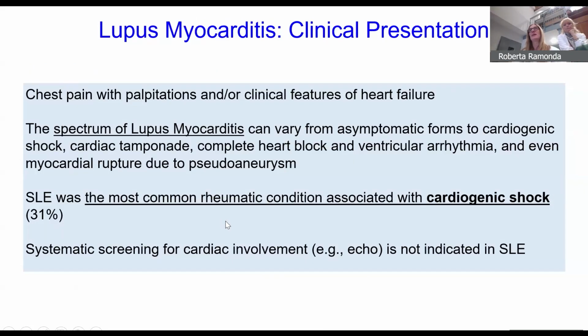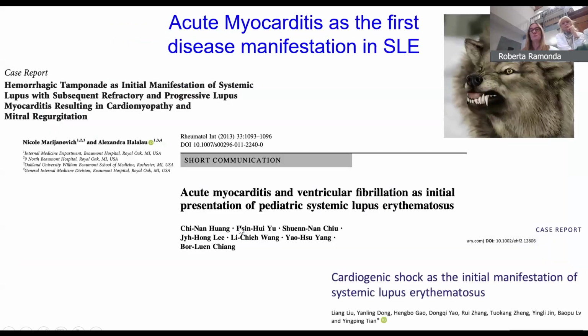The clinical presentation is highly variable, from asymptomatic patients to palpitations only, to initial heart failure, up to the most severe manifestation, which is cardiogenic shock. And you probably know that among patients with cardiogenic shock, lupus is the most frequent rheumatic diagnosis.